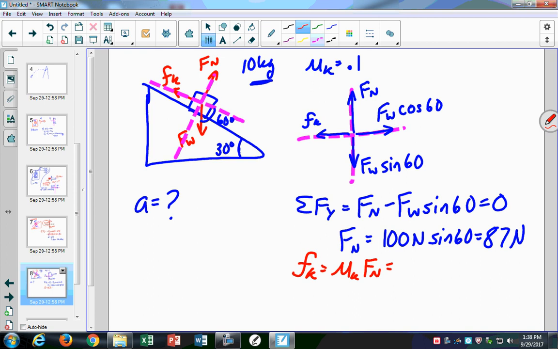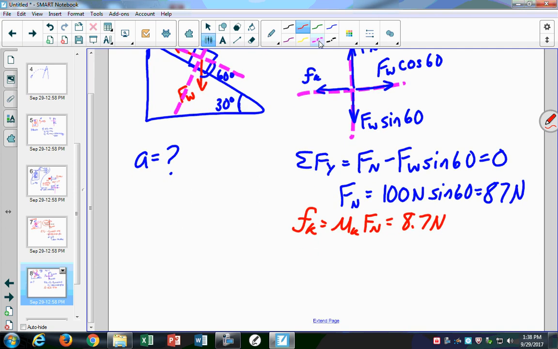And now I can find the acceleration. The sum of the forces in the x direction is max. That's going to be Fw cosine 60 minus Fk, and that's going to equal mass times acceleration in the x direction.